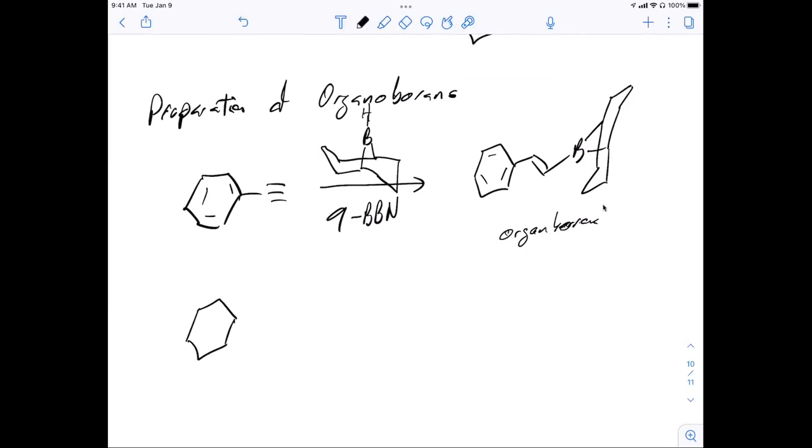Similarly, you could start with, let's say, a double bond species here, react that with a single hydrogen borane compound like this borate.